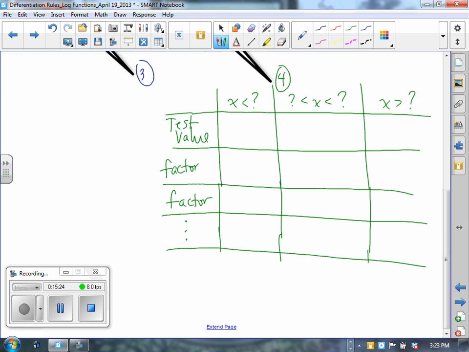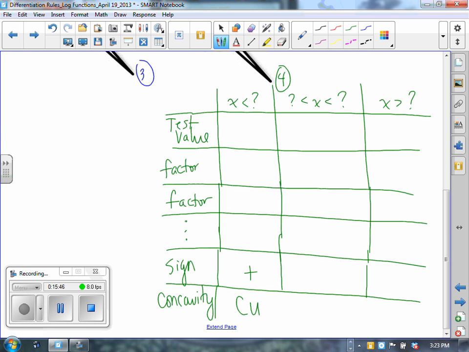Following that, what we would do is we would look at the sign of the factor, the sign of the product of the factors, and if it was positive, right, we would say that in terms of the concavity, that would be concave up. So the final row in our table was with respect to concavity. If it was negative, concave down.